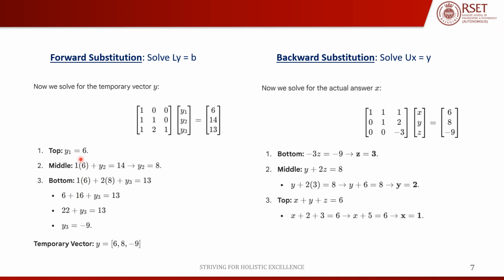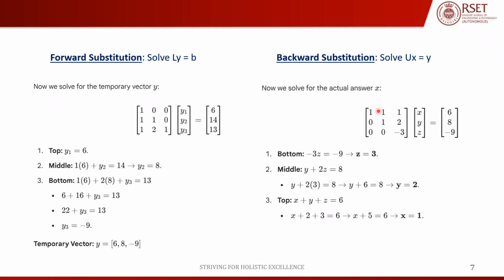Then 1 into 6 plus y2 equal to 14, so you get y2 equal to 8. Then 1 into 6 plus 2 into 8 plus y3 equal to 30 in the third row, so by that you get y3 also. So you got the matrix y: 6, 8, minus 9.